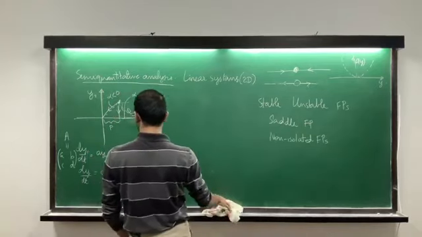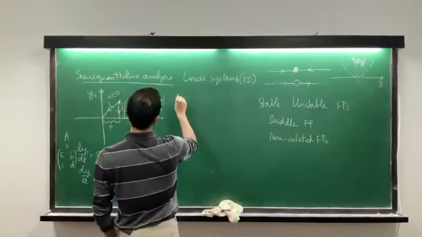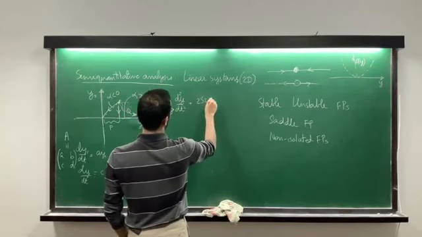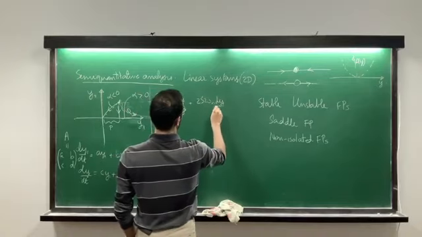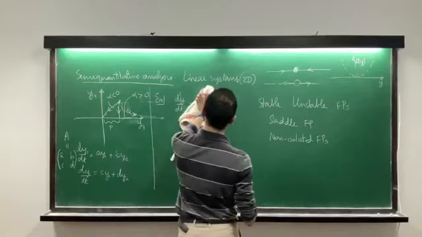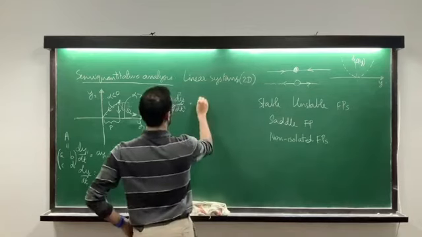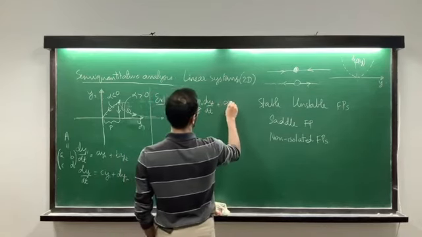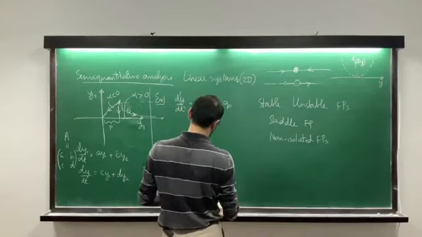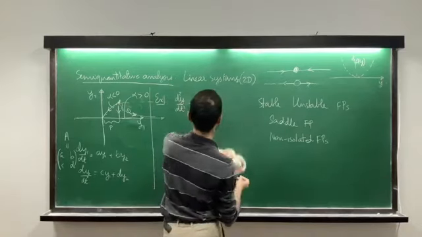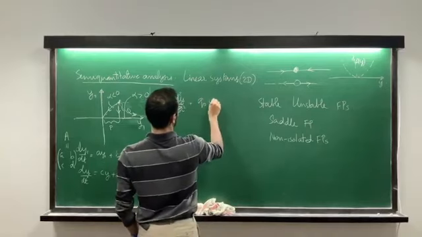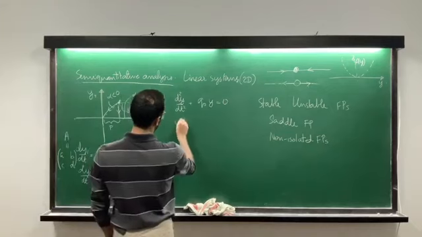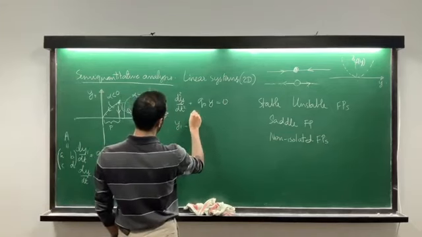Let me take this. Let me just call it P. Let's take the general second order. Actually, let's make things easier for ourselves. We'll just take this system. I'm going to convert this again, just like I usually do.